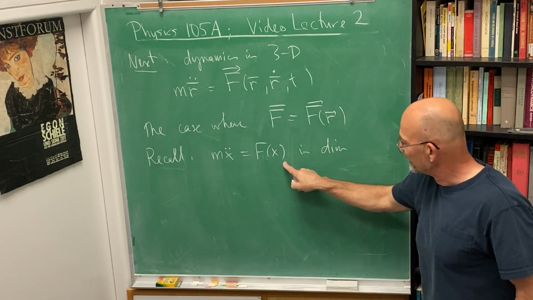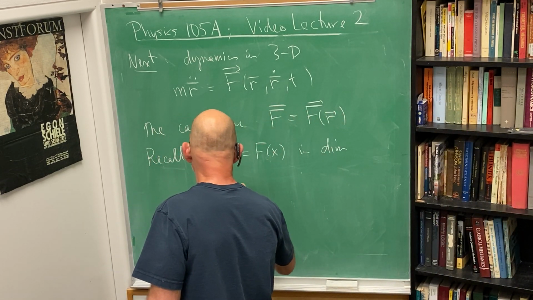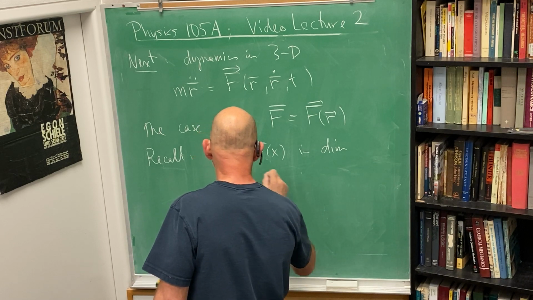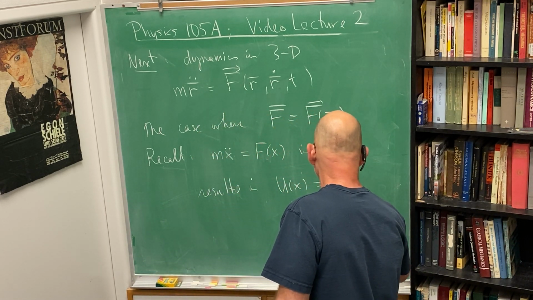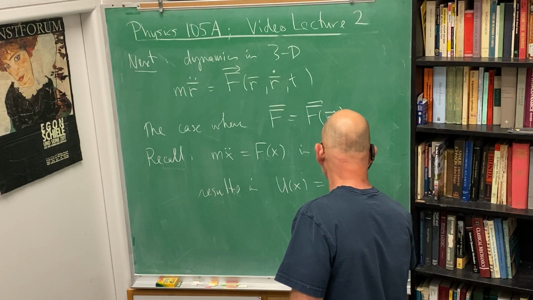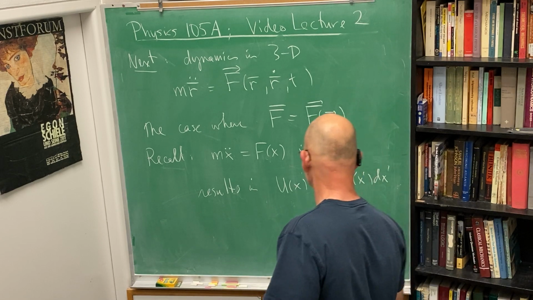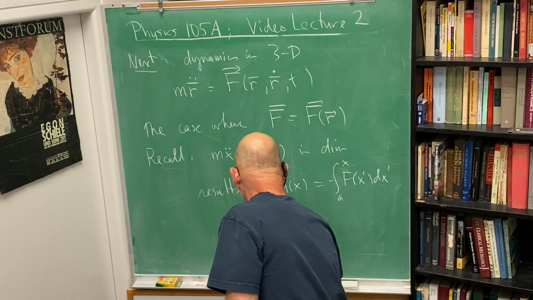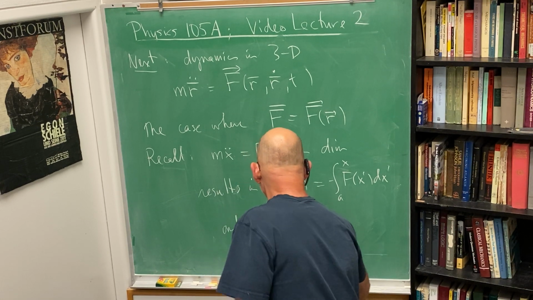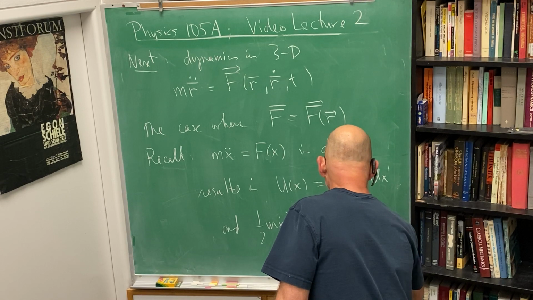So recall this results in defining U of x equals minus the integral of F of x prime dx prime, and 1/2 m x dot squared plus U of x equals E.